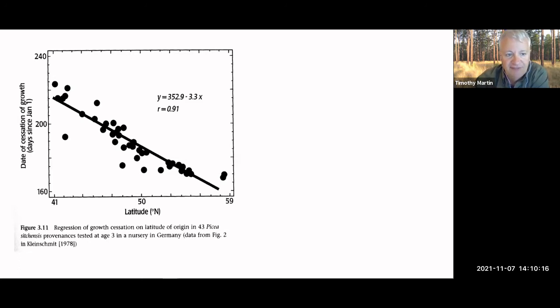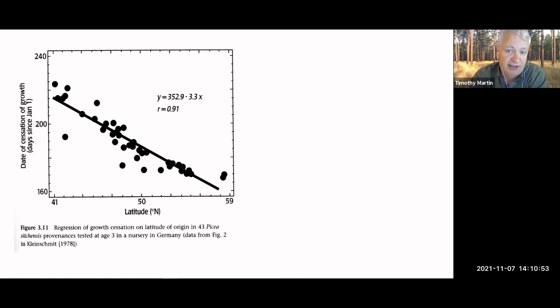So for instance, if seed was produced by a tree that was naturally growing in a particular geographic place, let's say North Florida, we would say that that seed was from a North Florida provenance. The implication there is that seed from a tree that naturally occurs in a particular environment is therefore fairly well adapted to that environment.